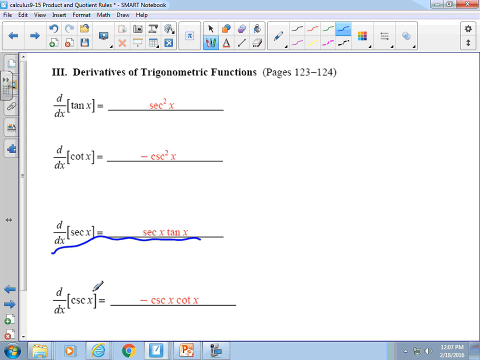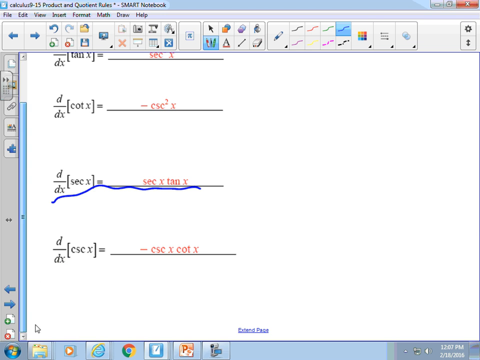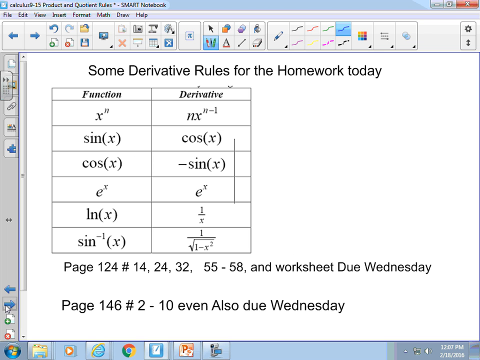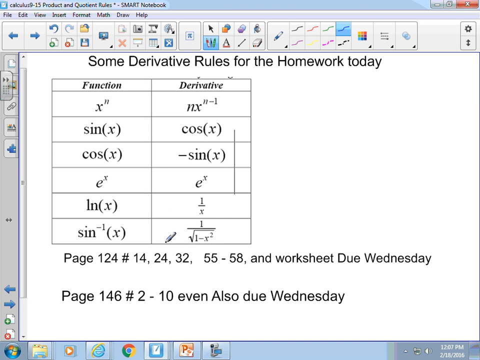Do you have these written down? We'll do some more examples tomorrow. You need to write down this little table here because you'll need some of those rules on your homework for tonight.